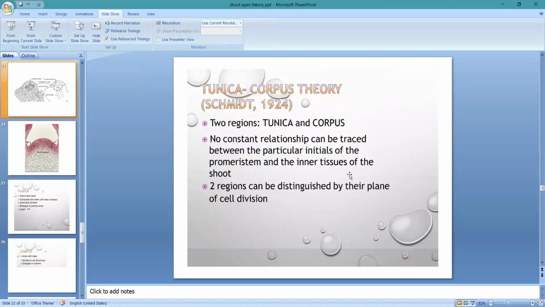The mantle includes all the outer layers of the apex. Tunica is confined only to those layers of mantle which divide anticlinally. This is the tunica corpus theory, and it is also important to know the terms mantle and core instead of tunica and corpus.